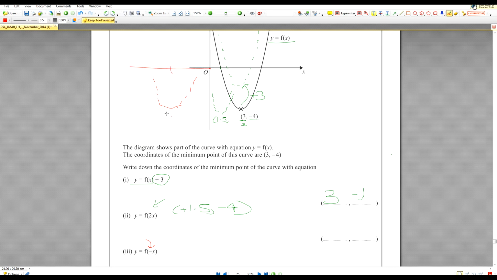So now we can have this point here. That will be not plus 3, but minus 3. The distance down will be the same, so it will reflect across this mirror line. So the answer for that one will be minus 3, minus 4, and that's the end of the paper, folks.